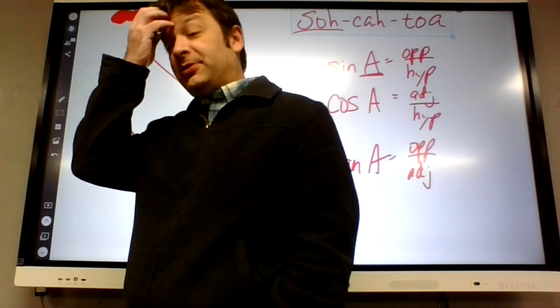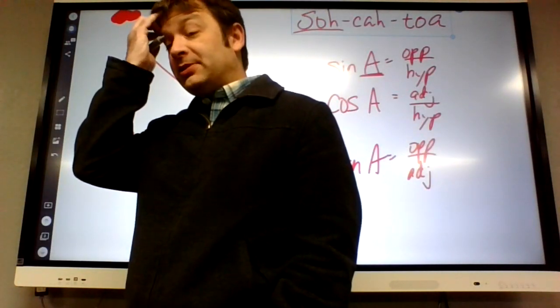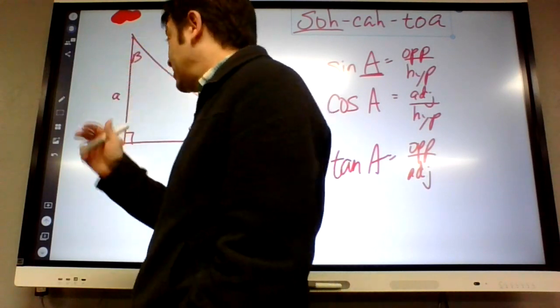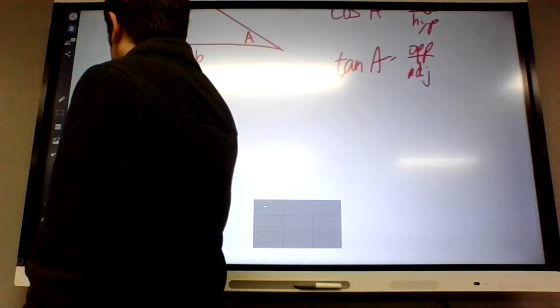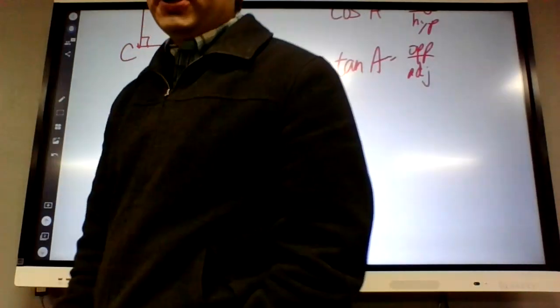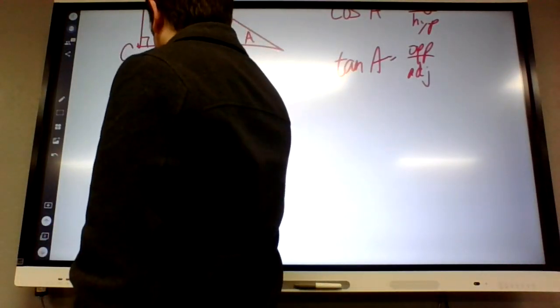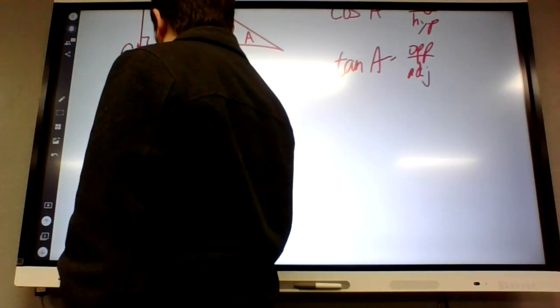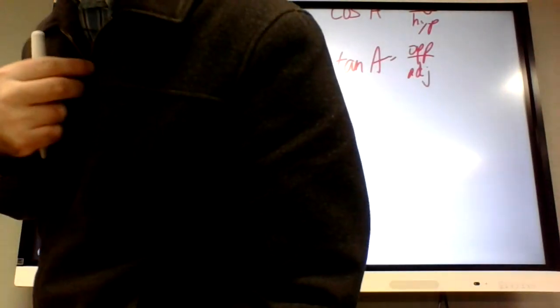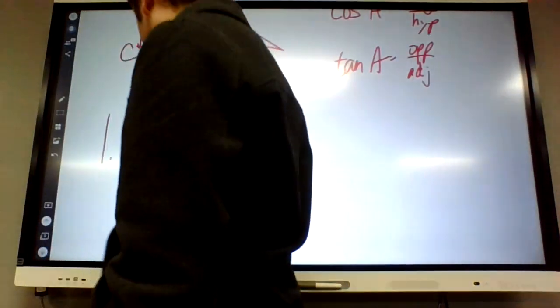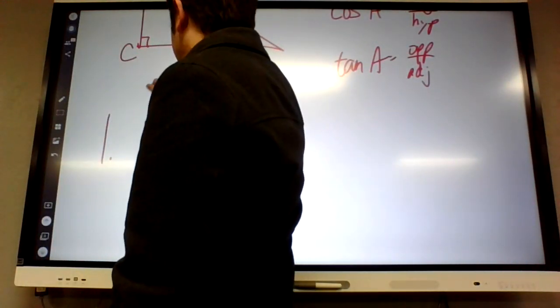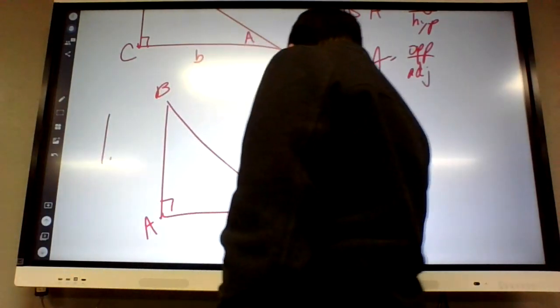Unfortunately, they did not draw the picture for us. That would have been nice. But I'm going to have to do it myself. So on number 1, it just says triangle ABC. So we just draw a little right triangle called ABC. It says angle A is the 90, so B and C are just the other two.